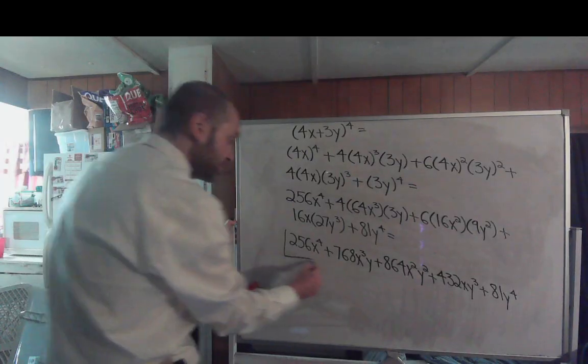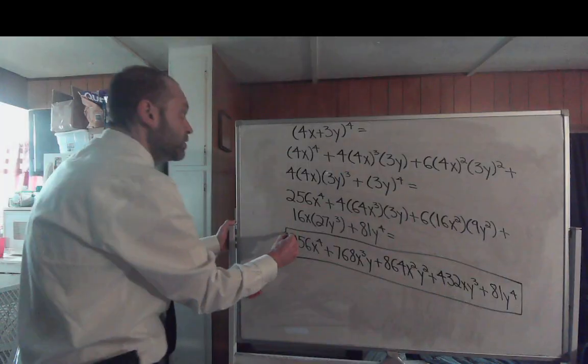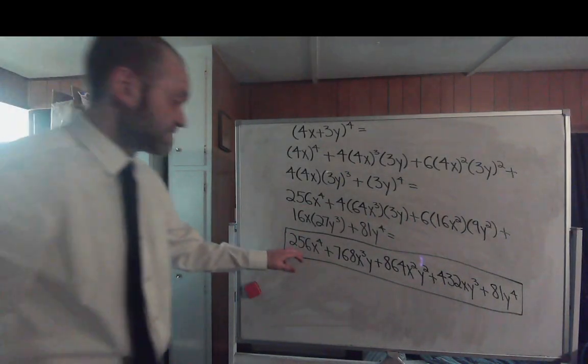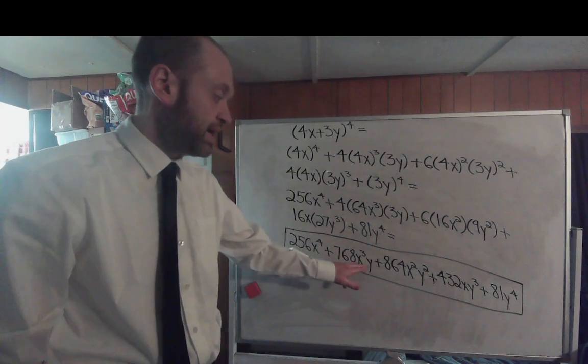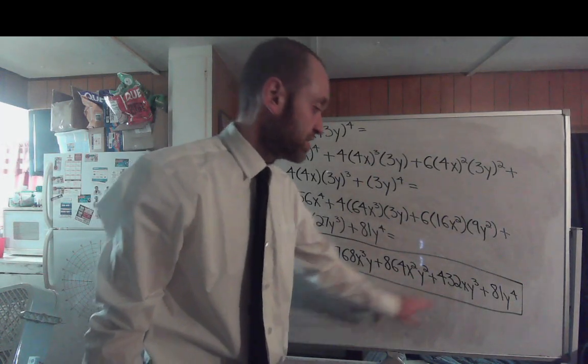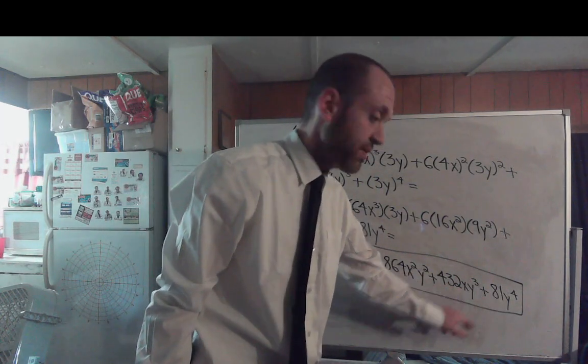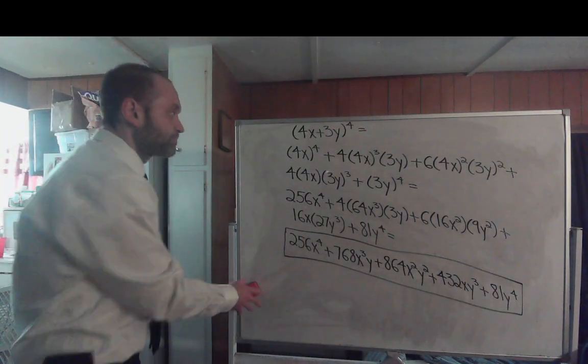So there is this binomial expanded to the 4th power. You end up with 256x to the 4th plus 768x to the 3rd y, plus 864x squared y squared, plus 432x y to the 3rd, plus 81y to the 4th.